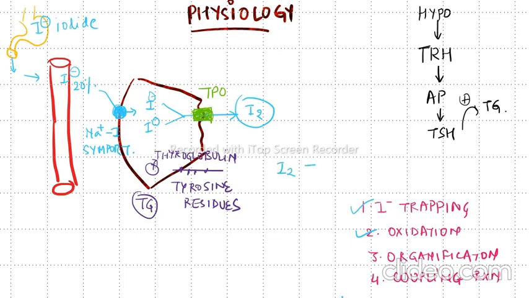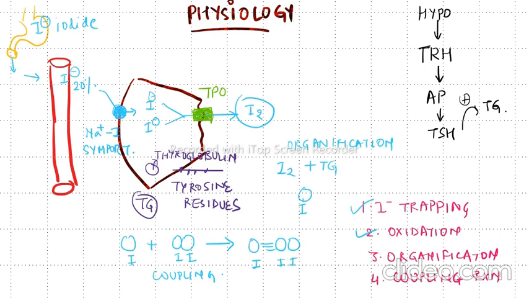Combining of this iodine molecule with thyroglobulin is organification. The iodine will combine with the tyrosine residue of thyroglobulin, and if such molecules combine, that will lead to the coupling reaction.